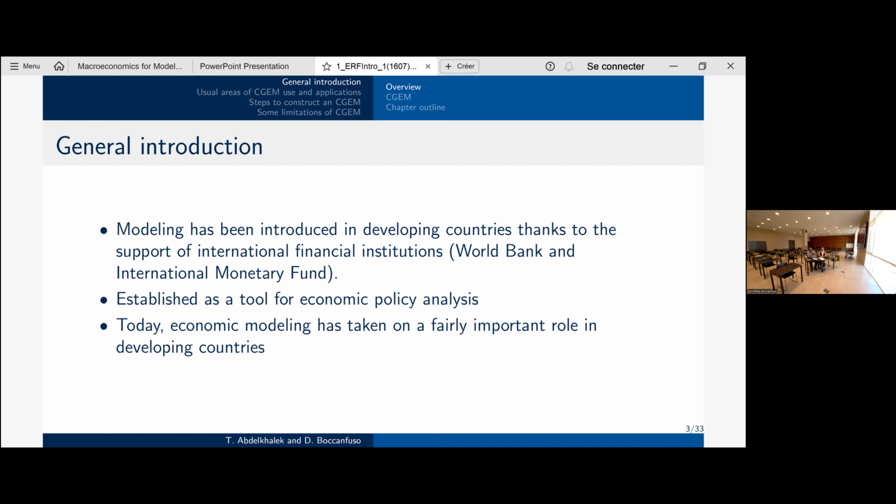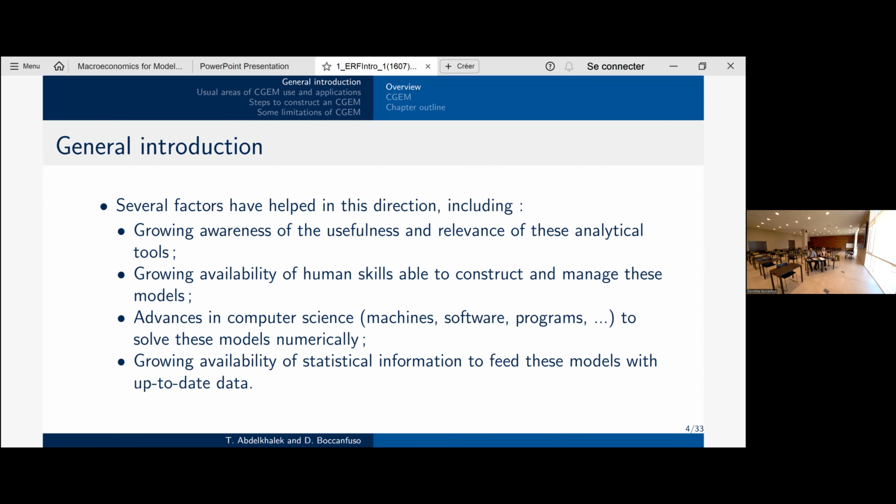Okay, the CGE modeling is now a very important tool in policy analysis. So when we are looking at that, there are several factors that help in this direction.